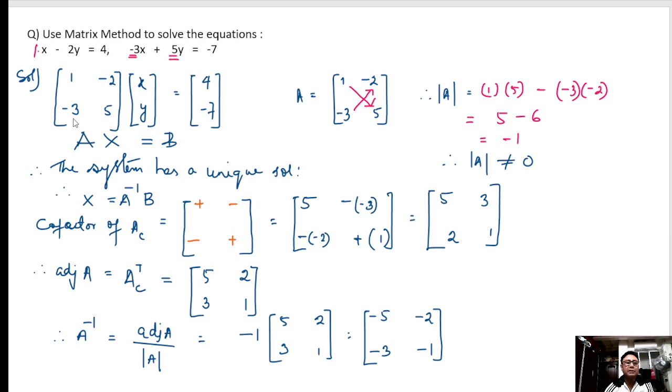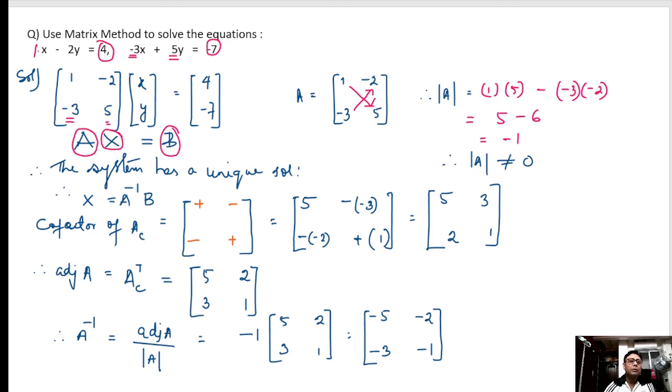So this is minus 3 and plus 5. Then write xy. This is your matrix X. First one is your matrix A, and then 4 and minus 7 makes matrix B. So this is the matrix B.